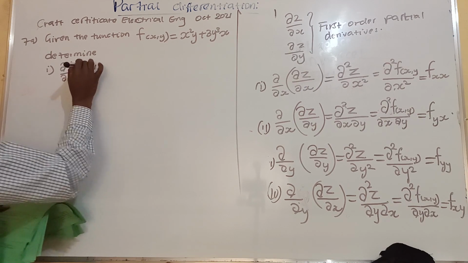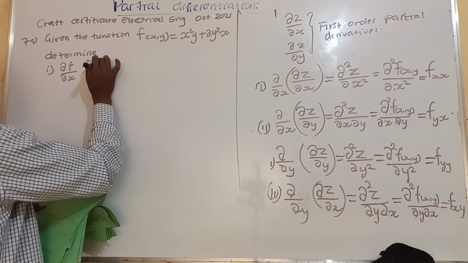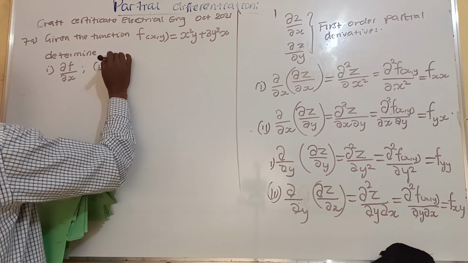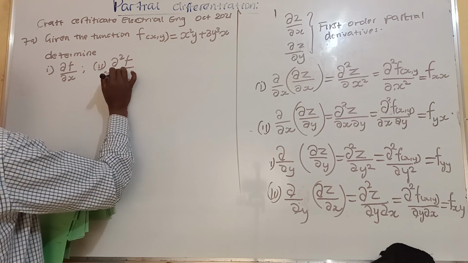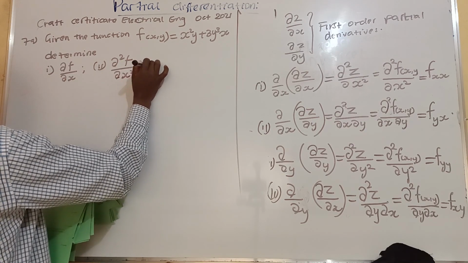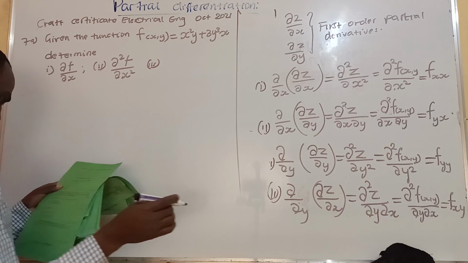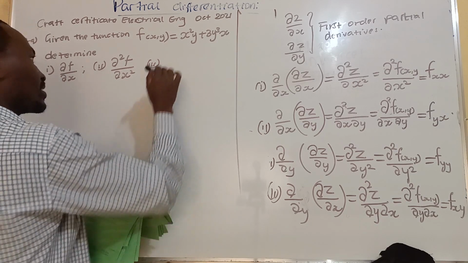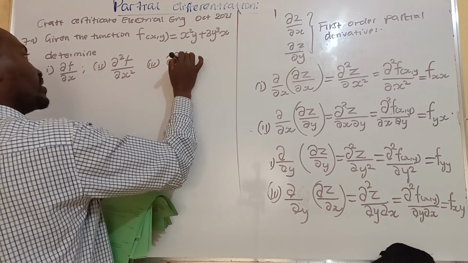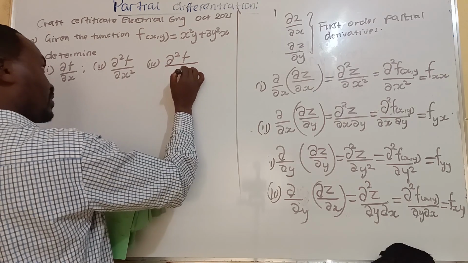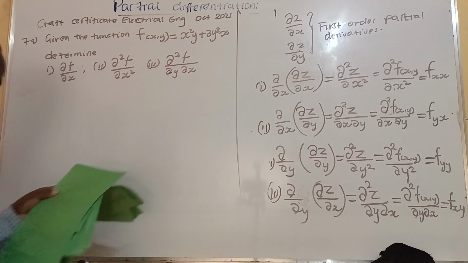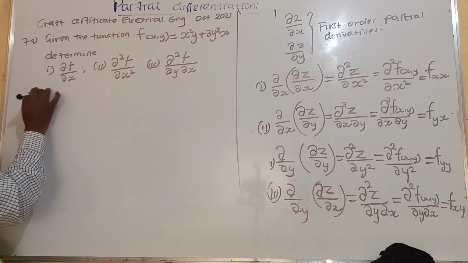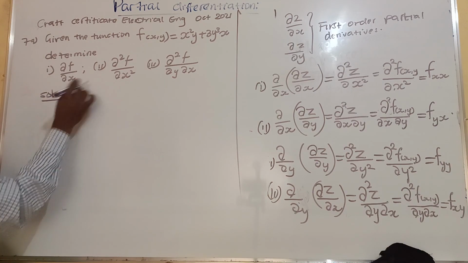Number 2, second order partial derivative of the function with respect to x. Number 3, second order partial derivative of the function first with respect to x and then with respect to y. Let us solve that.